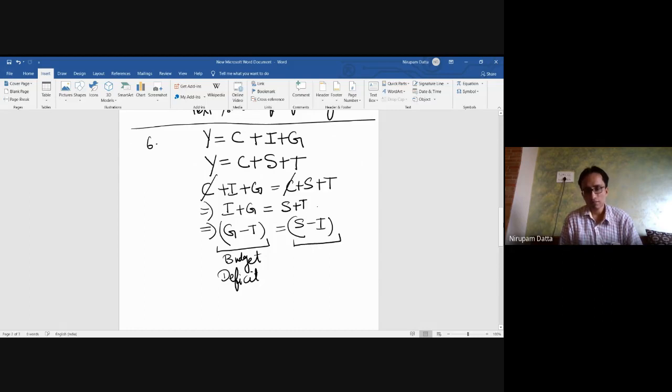And S minus I is the net of savings over investment.